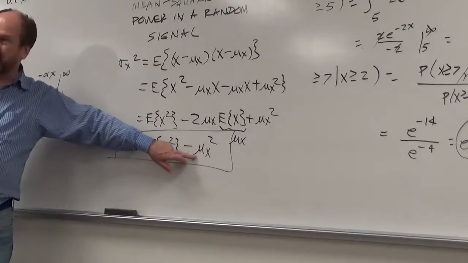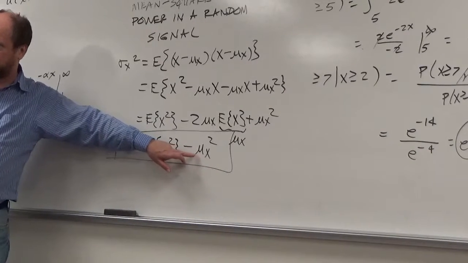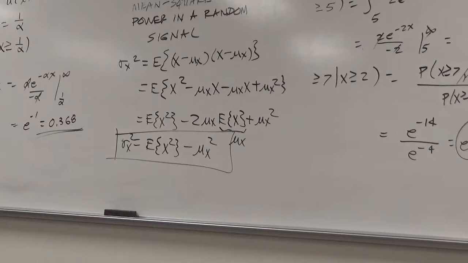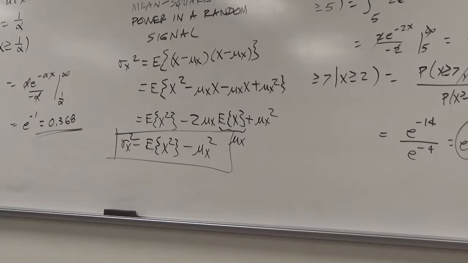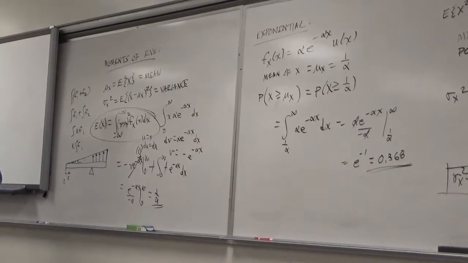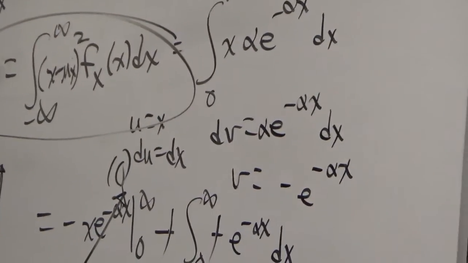The square of the mean is mu squared. You've got to be real careful how you say that. That's the way we normally calculate it. It's a lot easier than actually going through and putting x minus mu x squared in here. That's a pain. Okay, we'll be done for today.